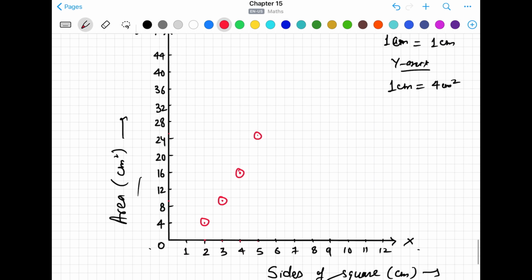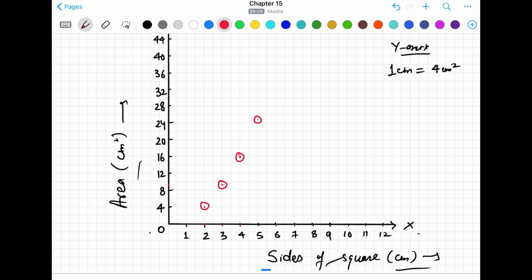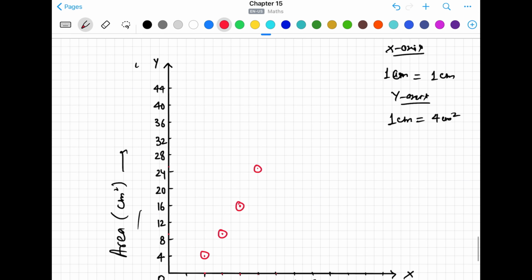And for side 6, the area is 36. Let's define the points: (2, 4), (3, 9), (4, 16), (5, 25) and (6, 36).